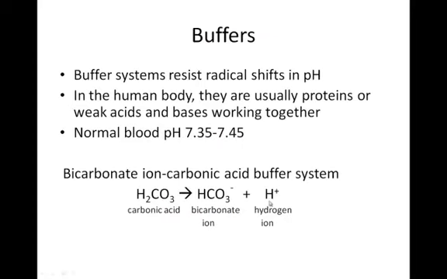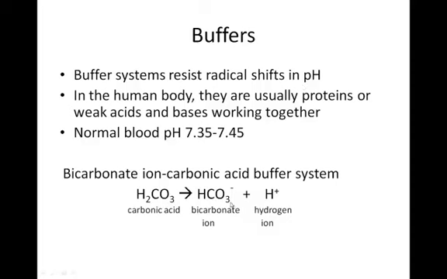So if you release this hydrogen ion, your pH is going to go down in this range. So that's what buffer systems do. As this carbonic acid releases the hydrogen ion, your pH goes back down. So buffer systems resist any radical shift in pH.